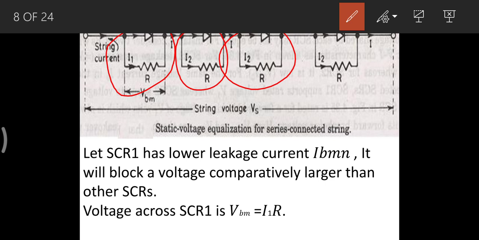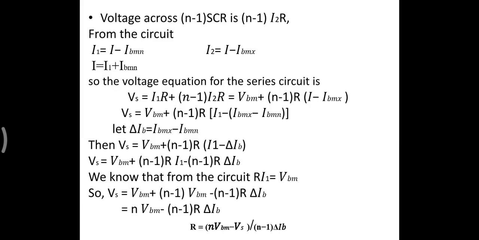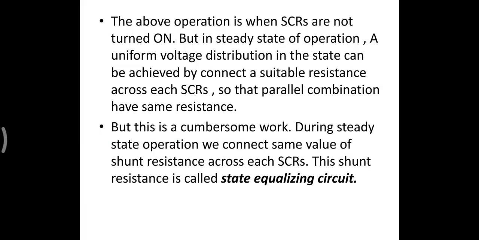So by connecting a parallel resistor across each SCR, we get the equal distribution of voltage across all of them. That works up to steady state operation, but in dynamic operation that is satisfied only when the thyristor is not turned on.